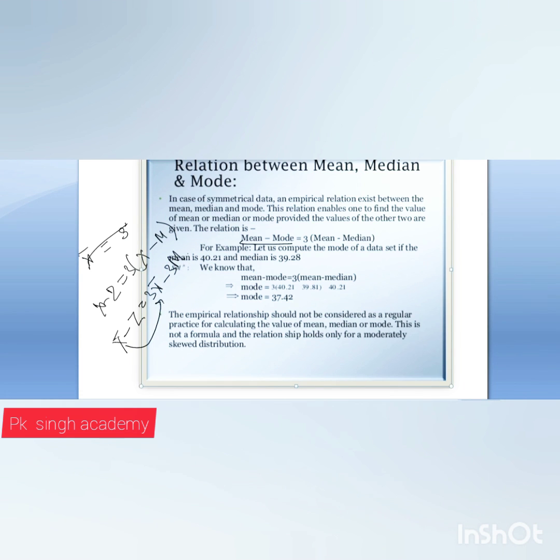The mean goes to the other side, so what is left is: mode is equal to 2 mean minus 3 median. This is the empirical formula.